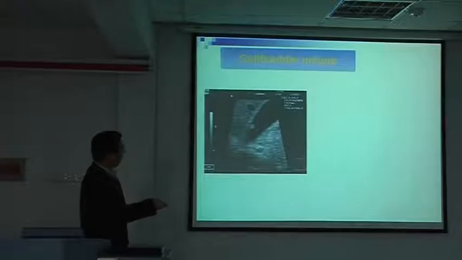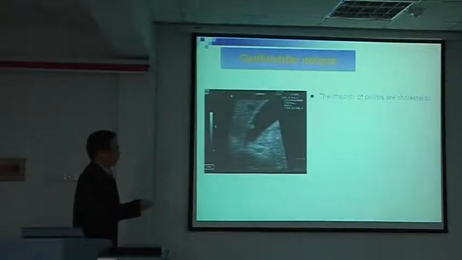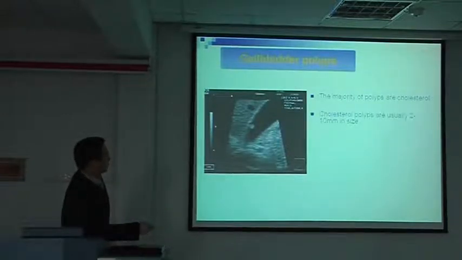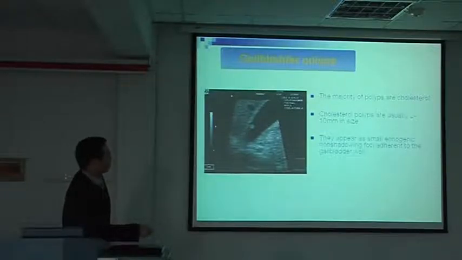This ultrasonography showed polyps. Cholesterol polyps are usually 2 to 8 millimeters in size, and they appear as small echogenic foci. This is very important: echogenic.